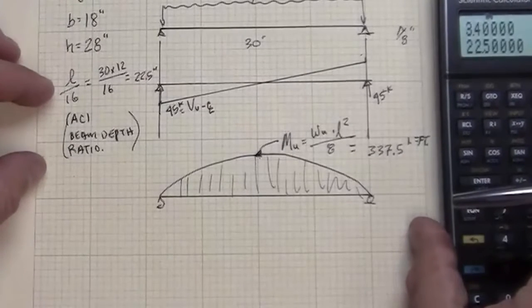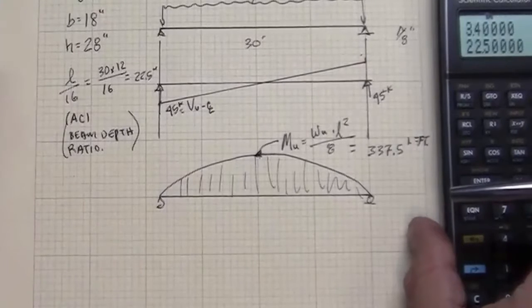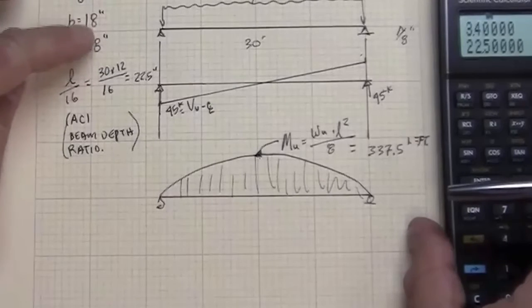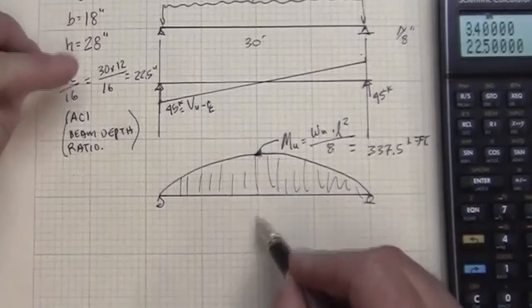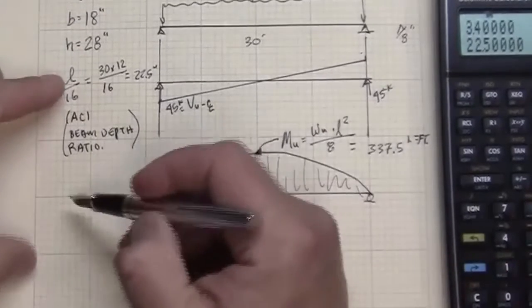Moving forward, that is H, that is not the D of the member. D is subtracting out the clear cover, and D is from the extreme top compression fiber down to the centroid of the tension of the member.